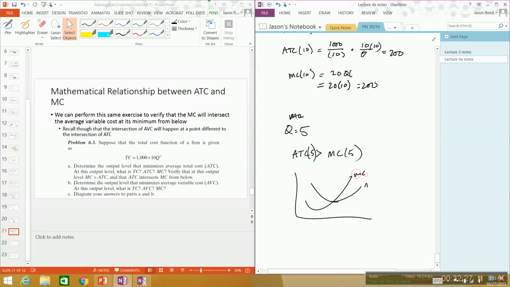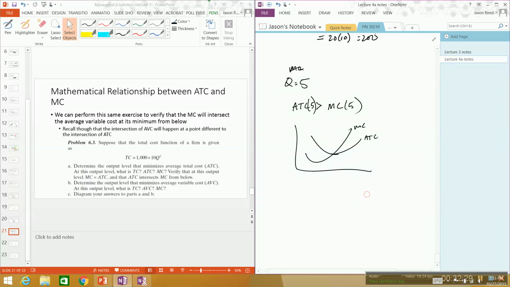So at 10, this was 200 at 10 units. And so at 5, we could see that marginal cost should be less than our average total cost. And so this kind of goes into the diagramming in part C.